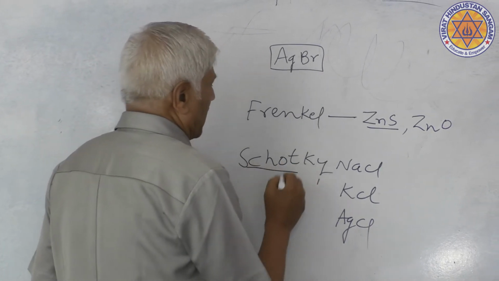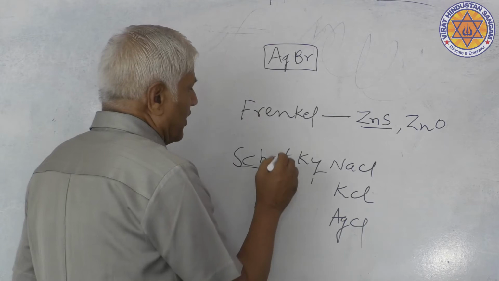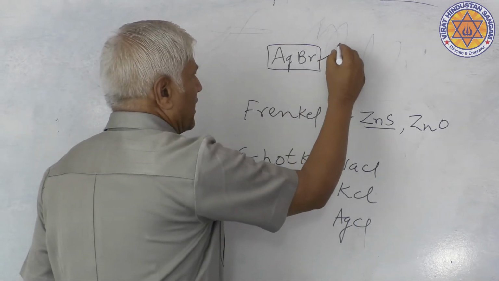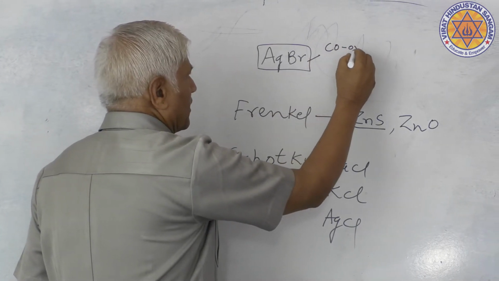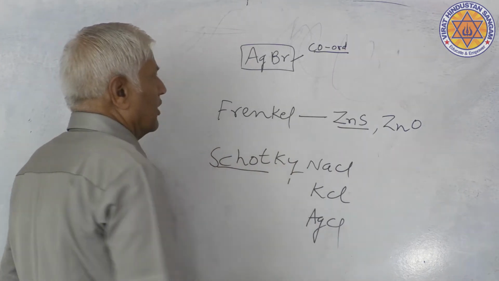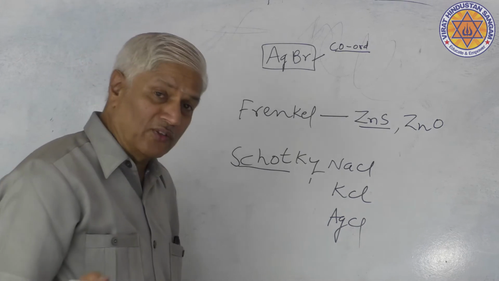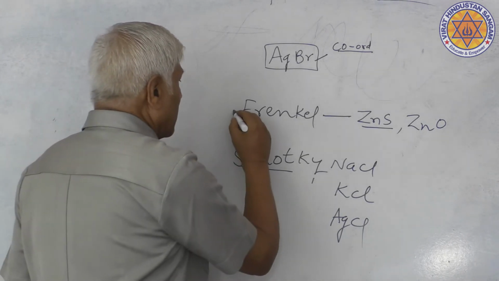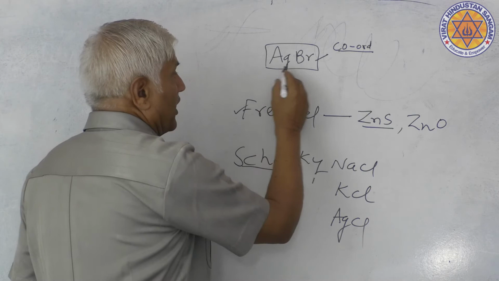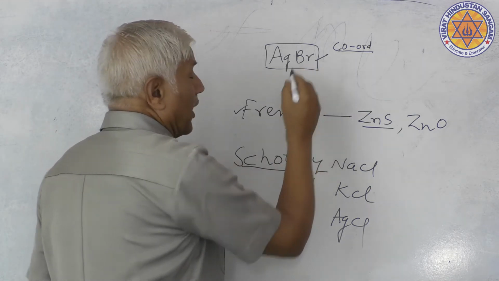AgBr satisfies the first condition of Schottky defect, that it has high coordination. So we expect AgBr to show Schottky defect. It has also satisfied one condition of Frenkel defect. Ag+ is too small compared to Br-.